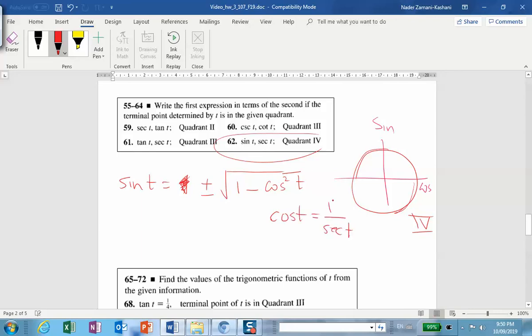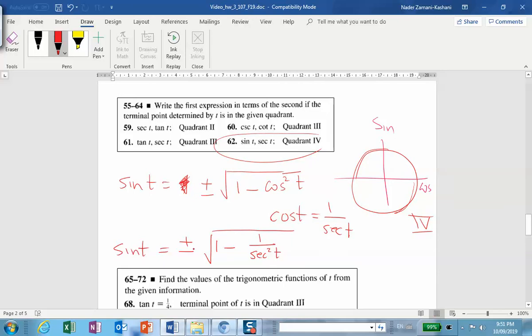So sine of t is equal to plus or minus the square root of 1 minus 1 over secant squared t. So we wrote the expression for sine in terms of secant.